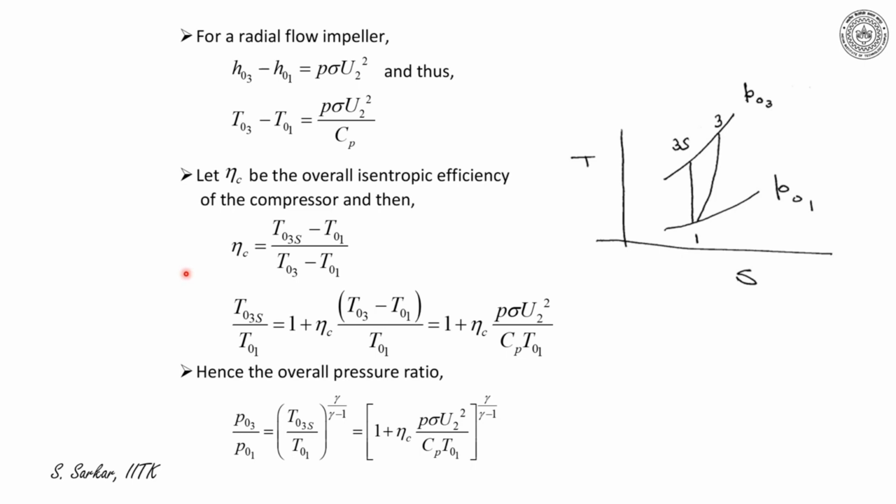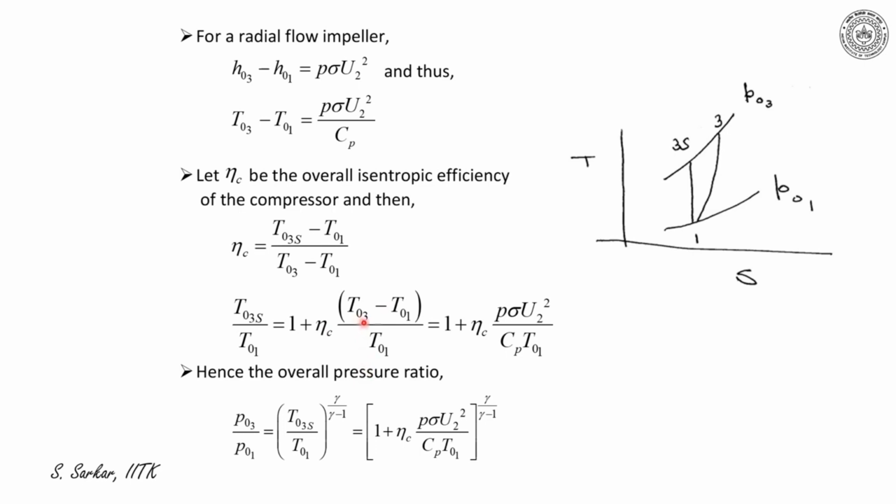That is, isentropic efficiency is equal to the ratio of isentropic temperature rise to actual temperature rise. From here I can write T03S divided by T01 is equal to 1 plus eta C into T03 minus T01 divided by T01.